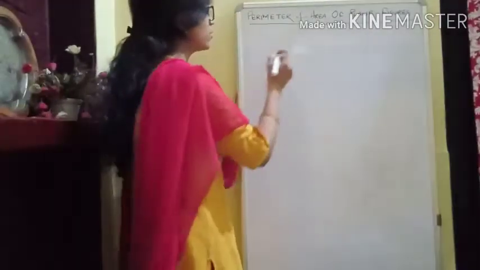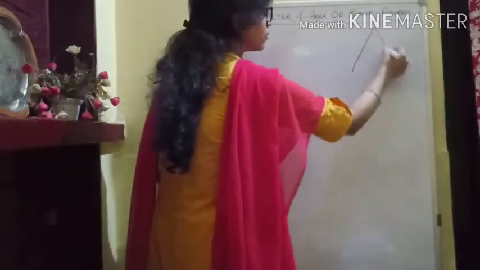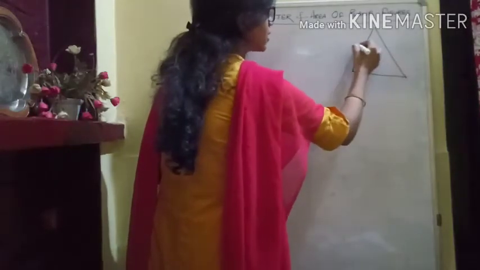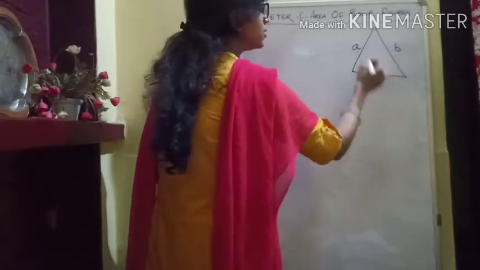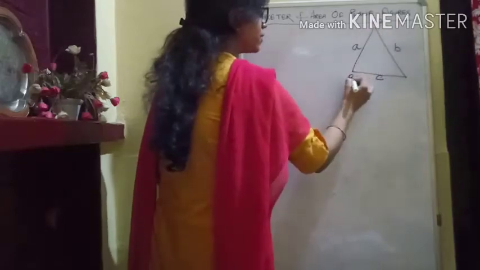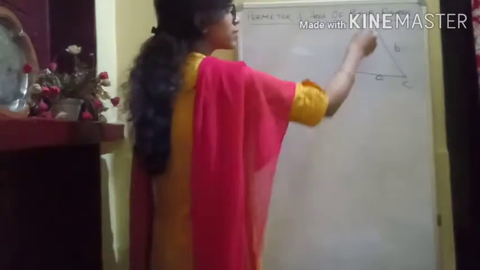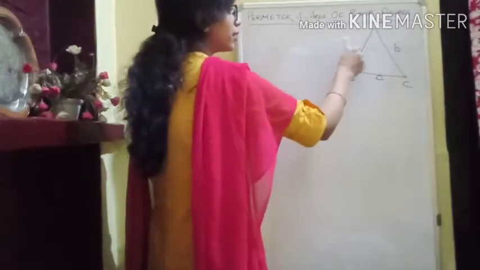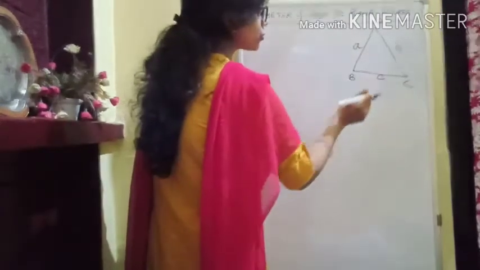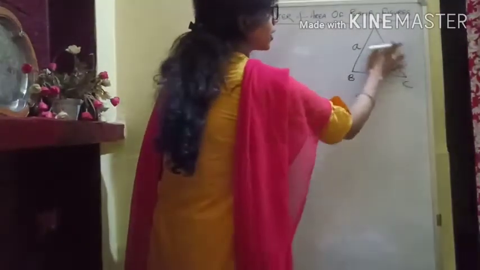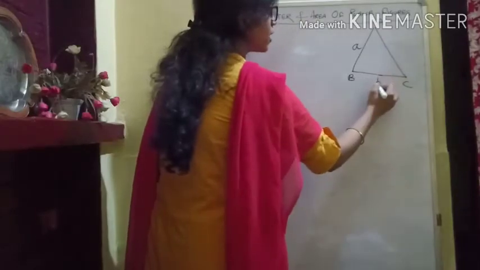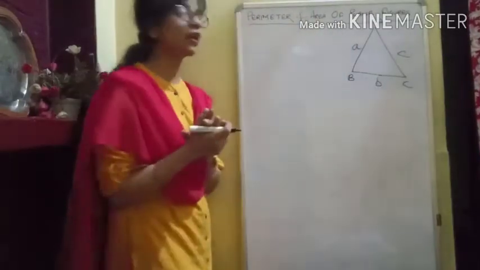Let's say a triangle of sides a, b and c is given. The triangle name is ABC, the vertices are A, B and C, and the lengths are a, b and c.